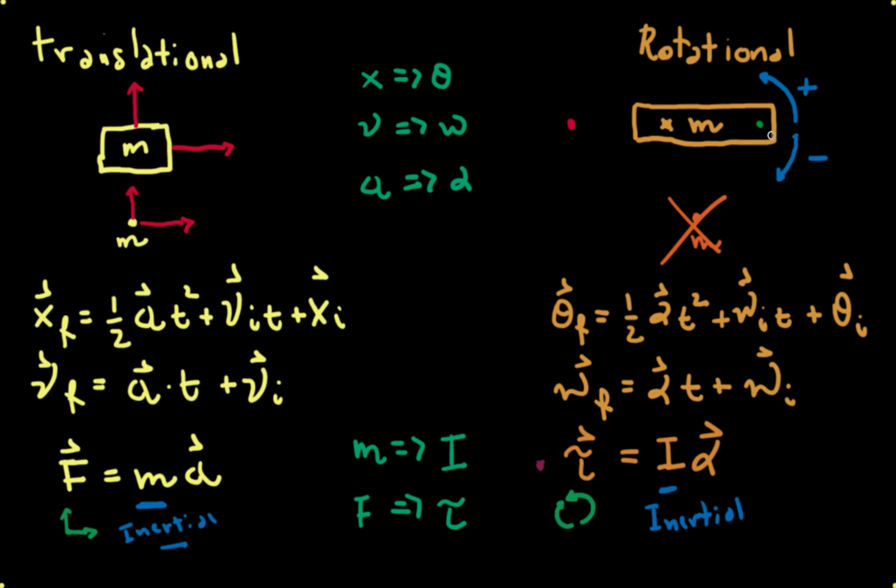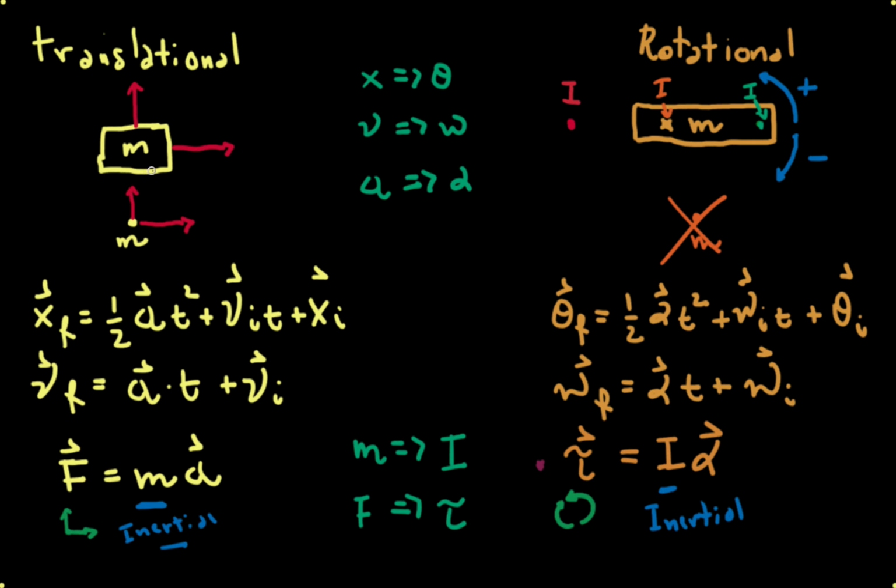Now, the moment of inertia of this object that's being rotated here is not the same as the moment of inertia of this object being rotated around here, and it's probably also different than the moment of inertia of the point being rotated around here. Which means that if you don't know at what point you are rotating about, there's no way for you to know what the moment of inertia for any object is, which is very different than mass.